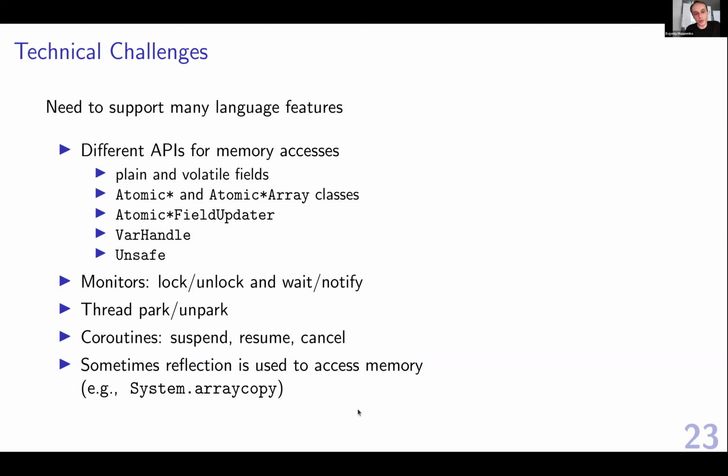And sometimes some algorithms also use reflection to access memory, and we needed to support that. We currently do not have full support for reflection. We just patched the holes for things to work in practice. In the future, we need a more systematic way to handle reflection, because it's difficult.